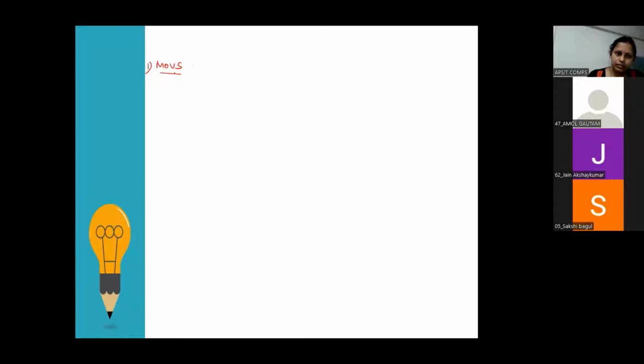So the first string instruction is MOVS. MOVS means move string. It is a string instruction used for moving a string from one location to another. When I say one location to another, immediately understand that your source location will be in the data segment, and your destination where you're moving the string is going to be in the extra segment.